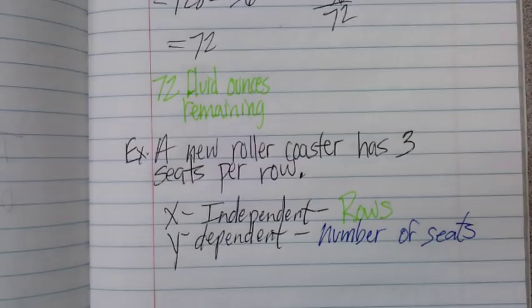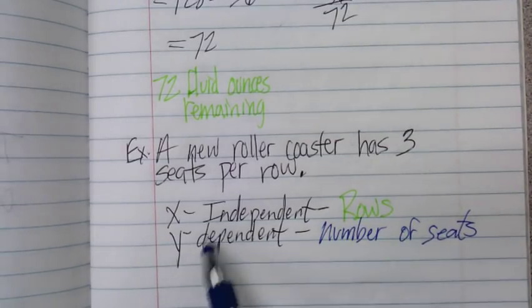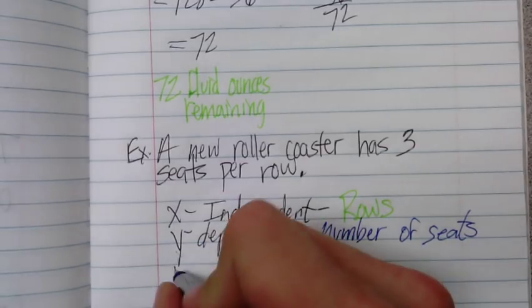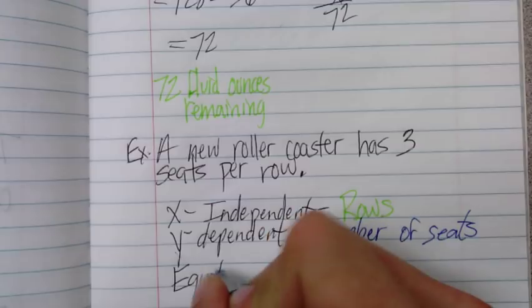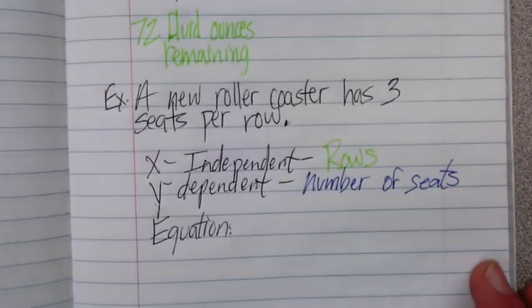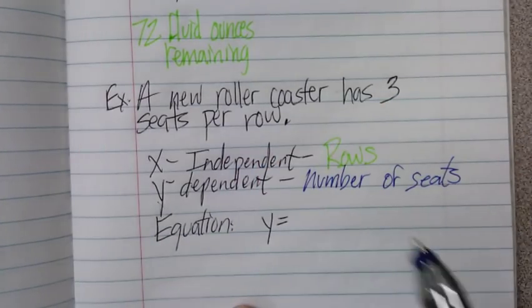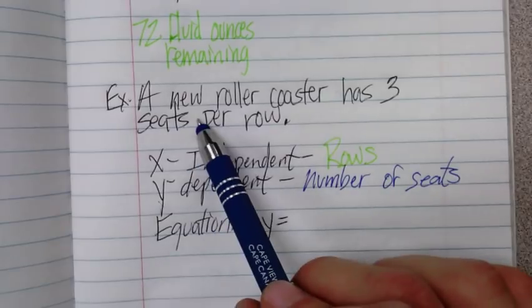Alright, so then my equation, your answer is going to be the dependent part. So here's my equation. Right, I want it to be y equals, and then it's 3 seats per row.